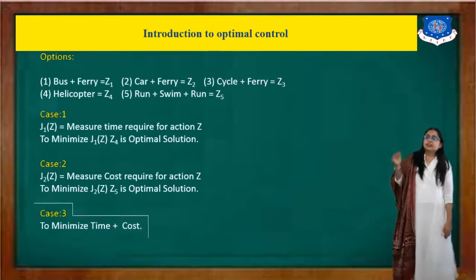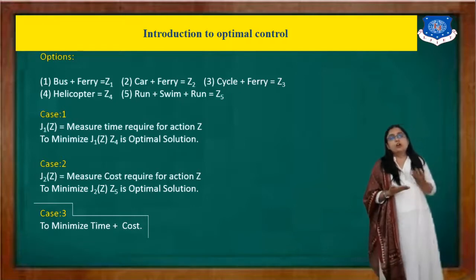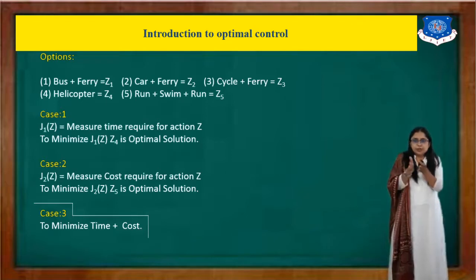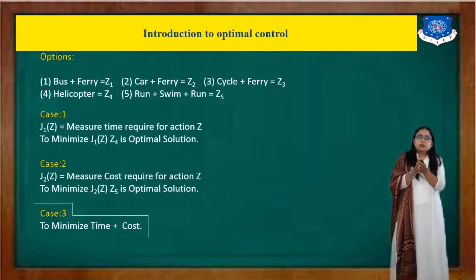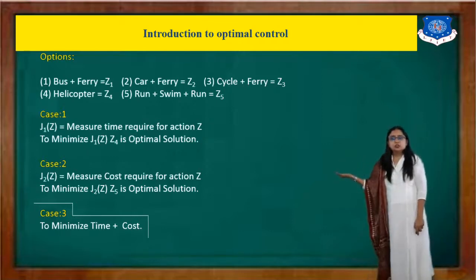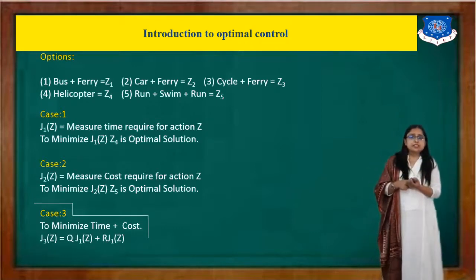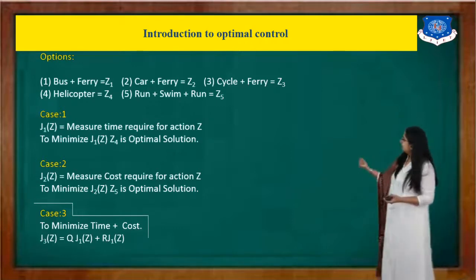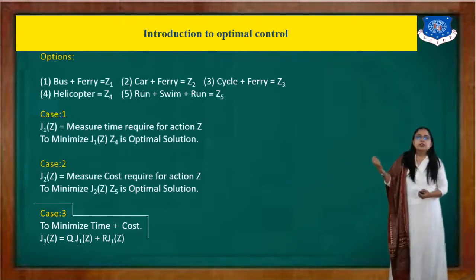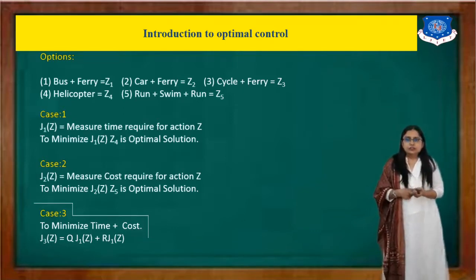Now, case 3. In a real scenario, it is not like you have to consider just time or just cost. We have to find the optimal solution by combining these two. So for case 3, we minimize the time as well as the cost. So what will we do? Here we will define one performance index, J3 of Z, that is Q J1 of Z plus R J2 of Z, where Q and R are scalar factors.